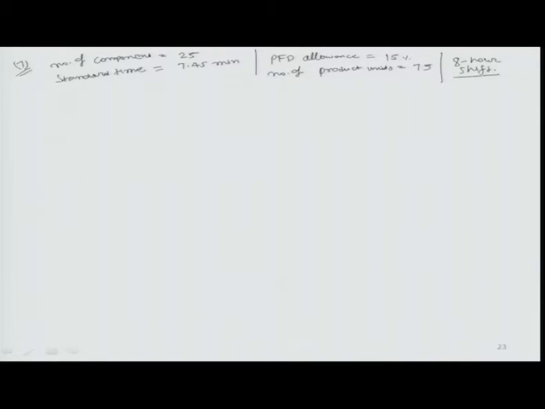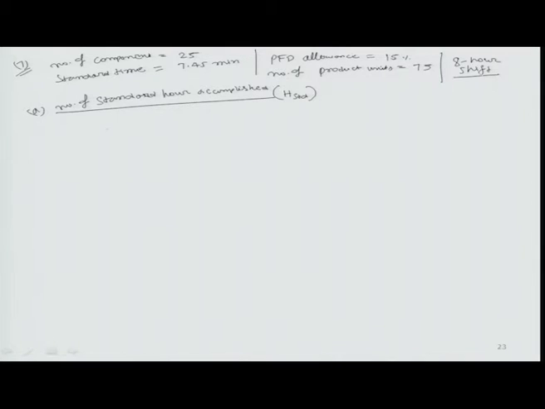So we will have to calculate the number of standard hours accomplished. You can signify it with HSTD.